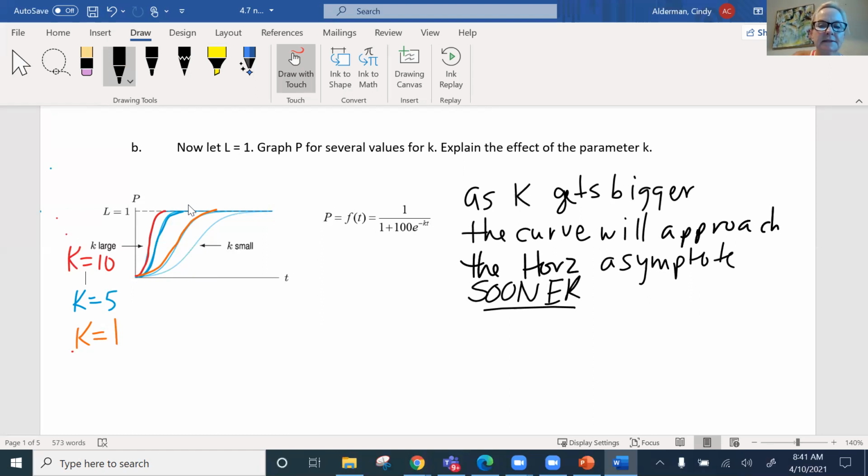So what happens is k affects how steep the graph is, right? Or the rate of growth.